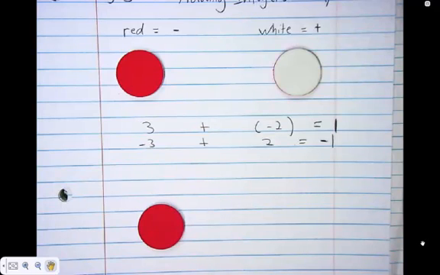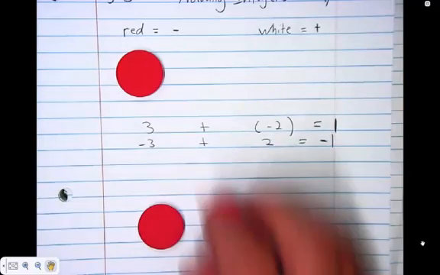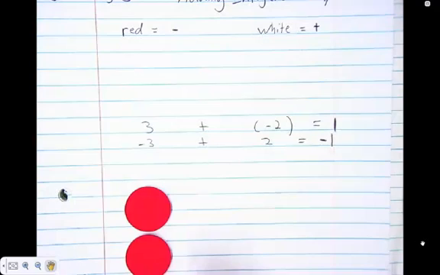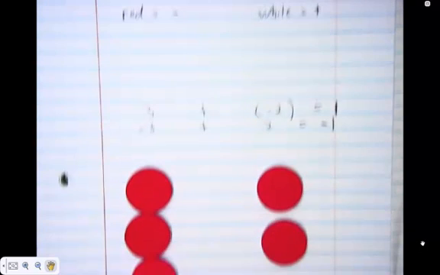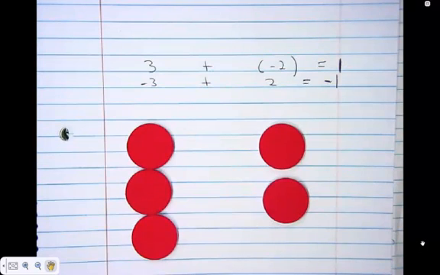Does that make sense? Okay, so what if we had this time 3 negative and 2 negative?